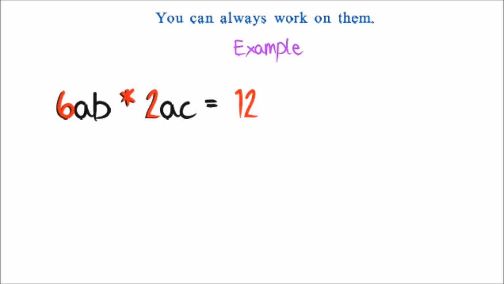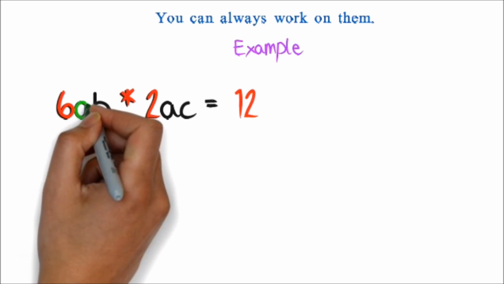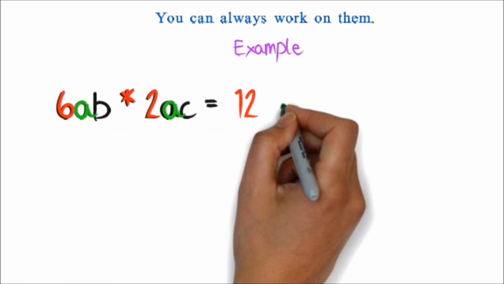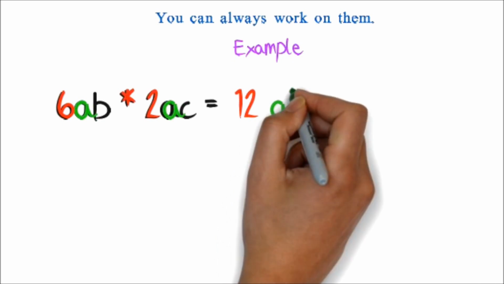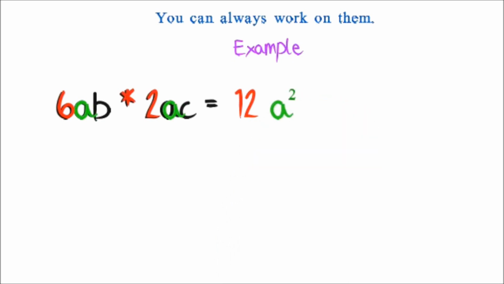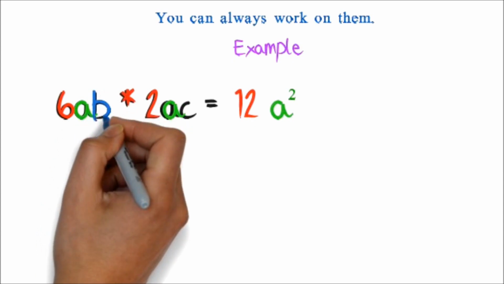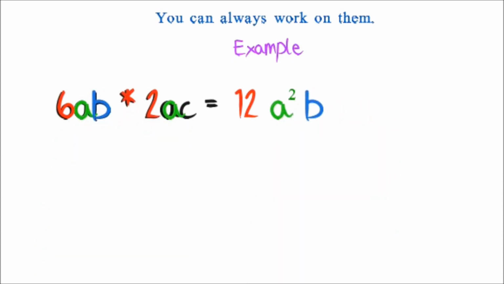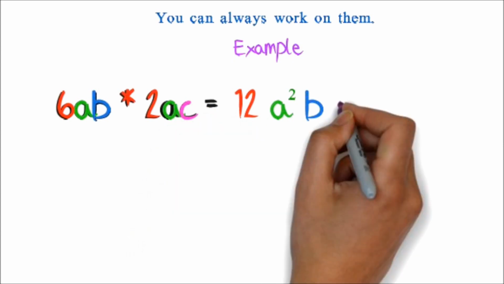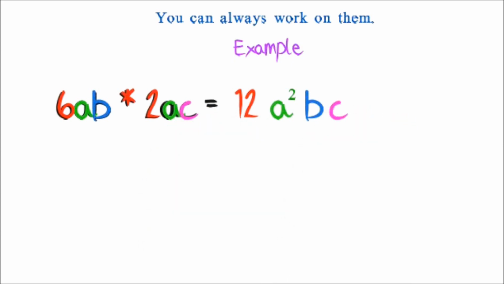We just look at the number of occurrences. Here, we can see that there are 2 a's. So we have a exponent 2. There is just one b, so we have b here. And we also have one c. Easy, right?